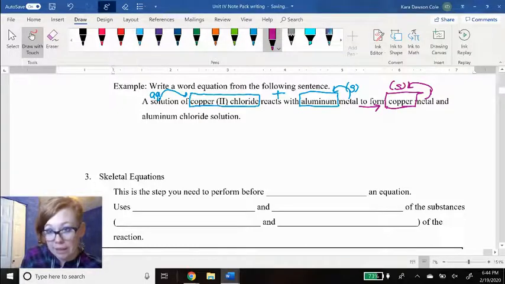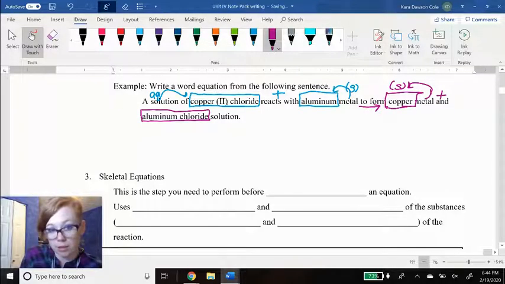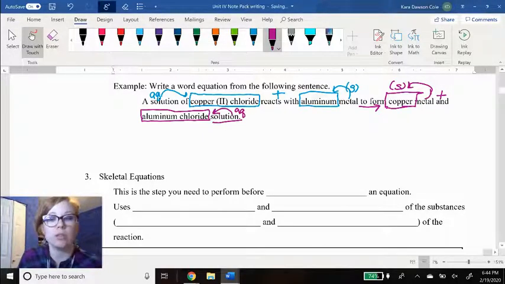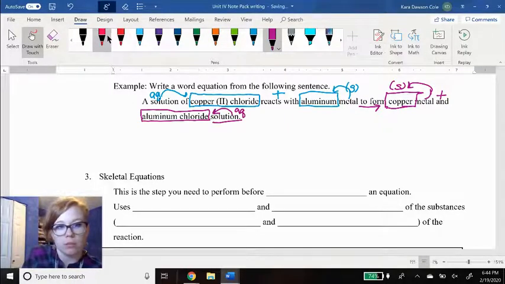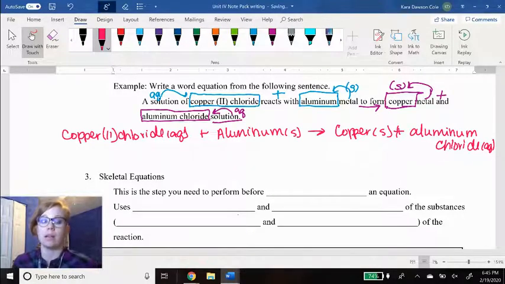And then "and" is the plus sign. So aluminum chloride, which is my other product, and then I have the solution, so this means it's also aqueous. That's all you're doing. You're pulling all that stuff out. So my answer here would be copper(II) chloride, aqueous, plus aluminum, S for solid, arrow yields copper, solid, plus aluminum chloride, aqueous.